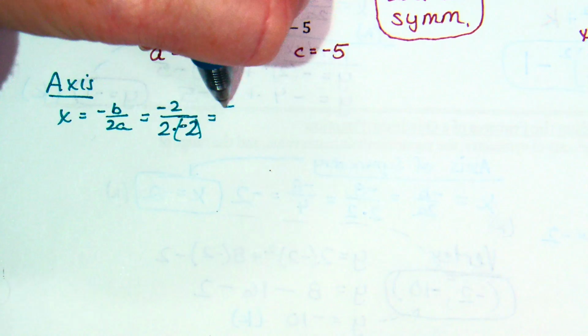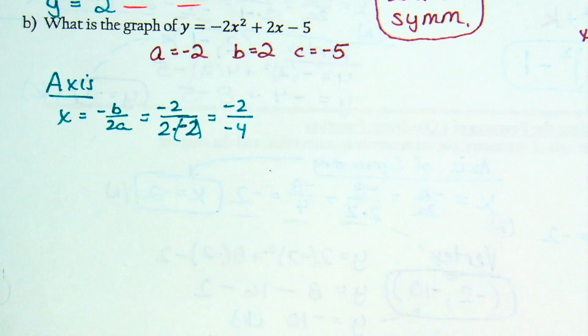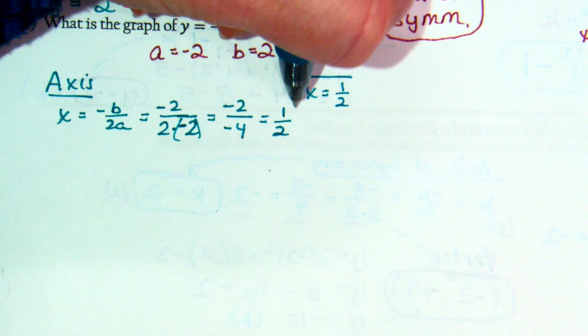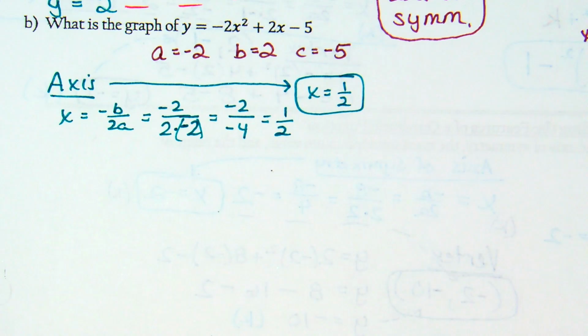So now I have negative 2 over negative 4. What do you know about negative 2 over negative 4? Negative divided by negative is a positive, and 2/4 reduces to be 1/2. So we just found our axis of symmetry to be x equals 1/2.